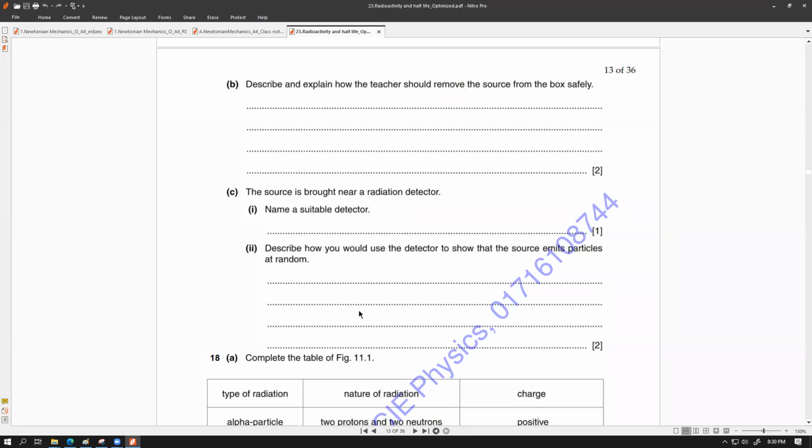Sir, first we measure without the source. Sir, do we know what random means here? We will not know how many per minute there will be, since it is random. So the rate will not be the same, the rate will vary. Yeah, what you're proposing is correct, but how do you write this for the answer? Sir, we will use a stopwatch.